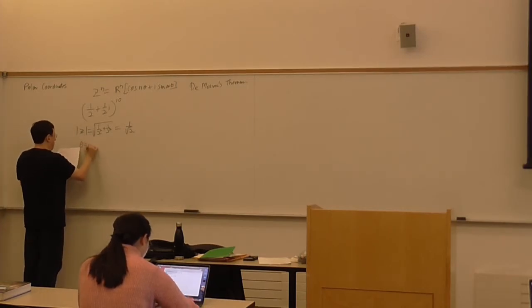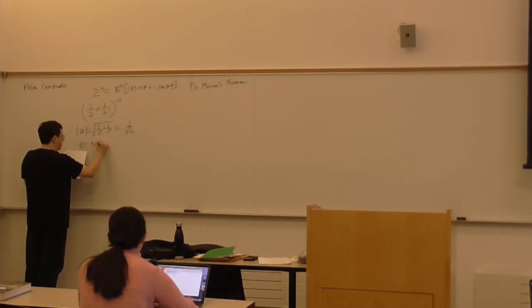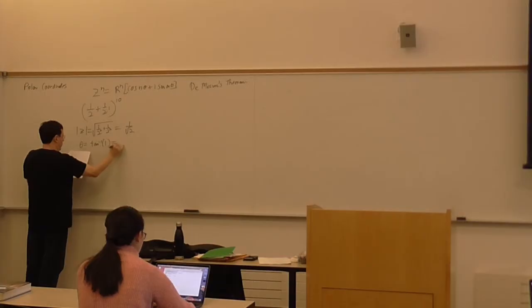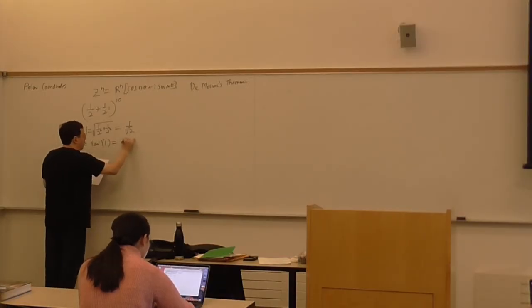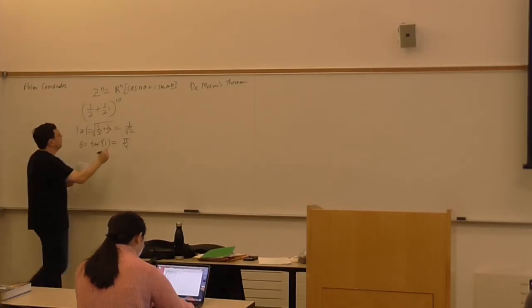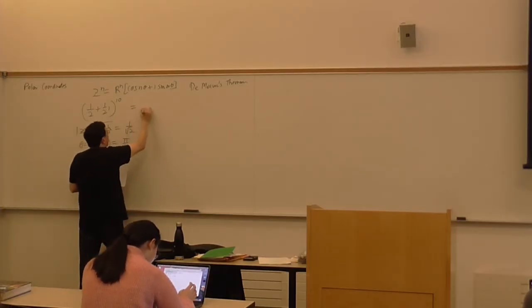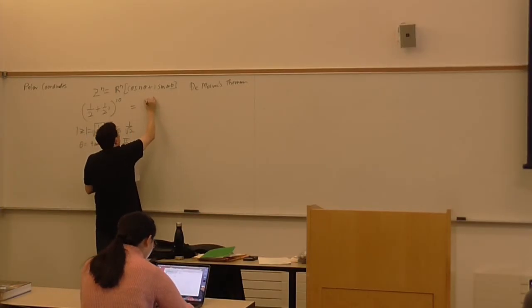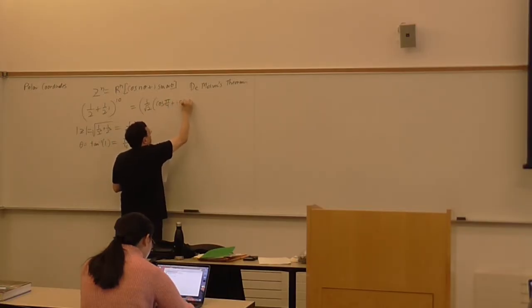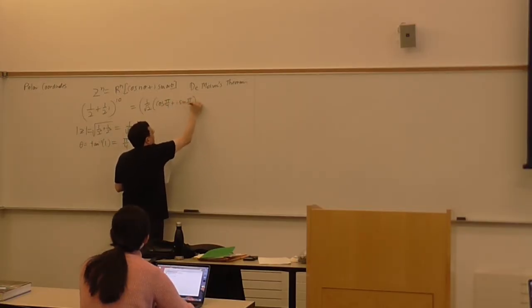And theta is the inverse tangent of 1. So that's going to be pi over 4. So we can rewrite this as 1 over the square root of 2 times the cosine of pi over 4 plus i sine of pi over 4.